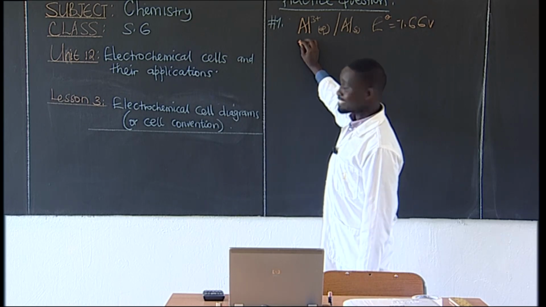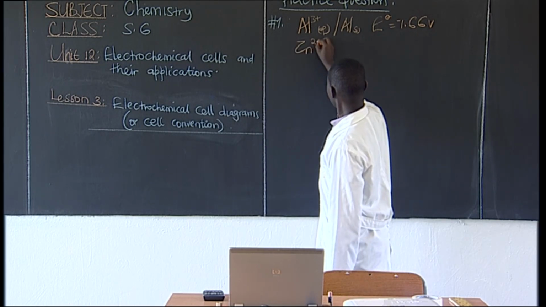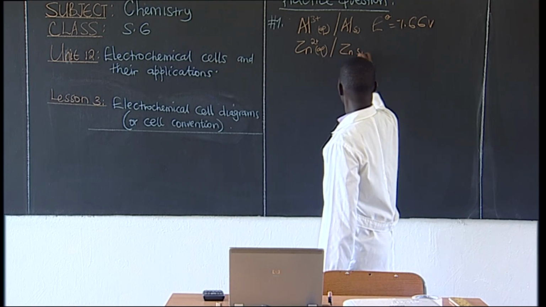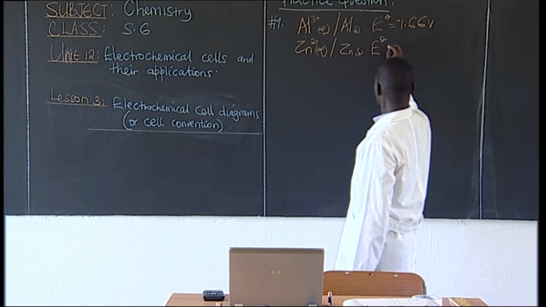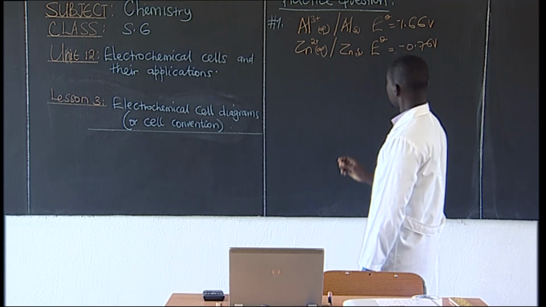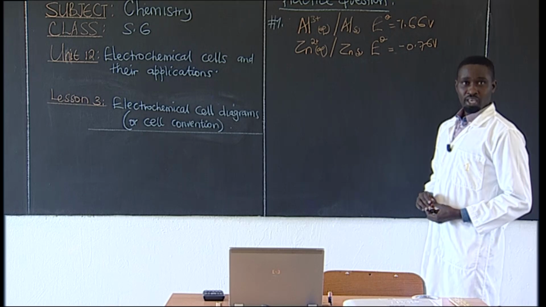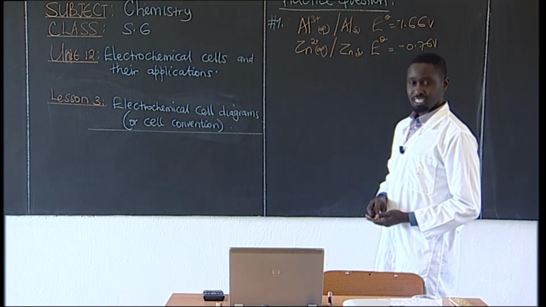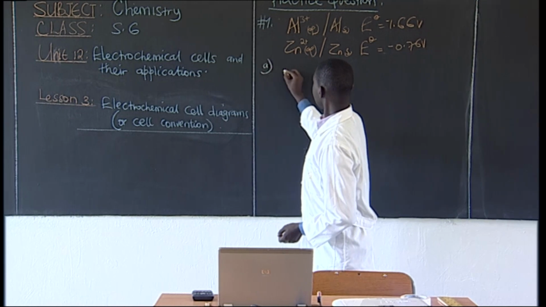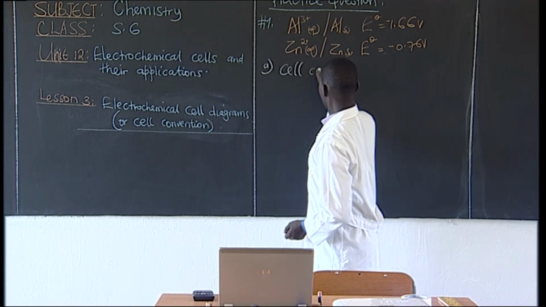Then zinc ion to zinc, its standard electrode potential is minus 0.76 volts. So we are to deduce the cell diagram or the cell convention.